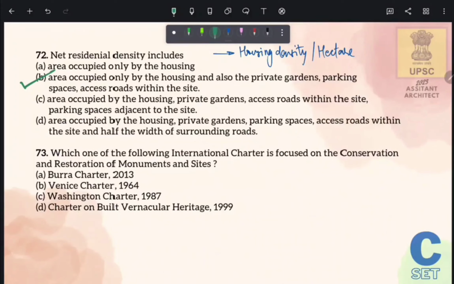Which one of the following international charters is focused on conservation and restoration of monuments and sites? The correct answer of this question is option number B, Venice Charter, which was held in 1964. The main theme of this charter was conservation and restoration of monuments and sites. Whereas the theme of Burra Charter 2013 was conservation and management of places of cultural significance.